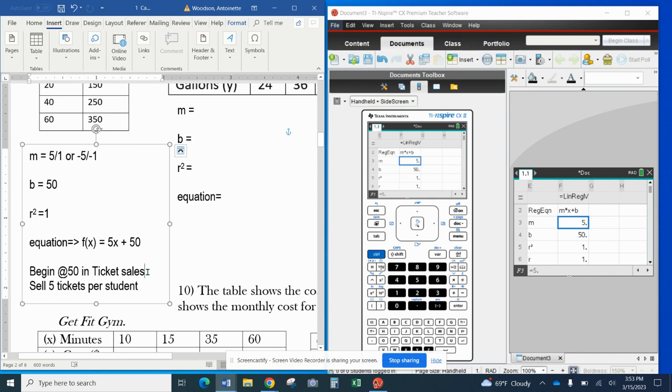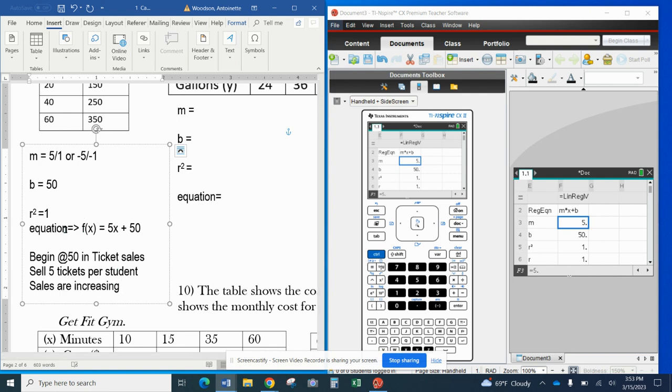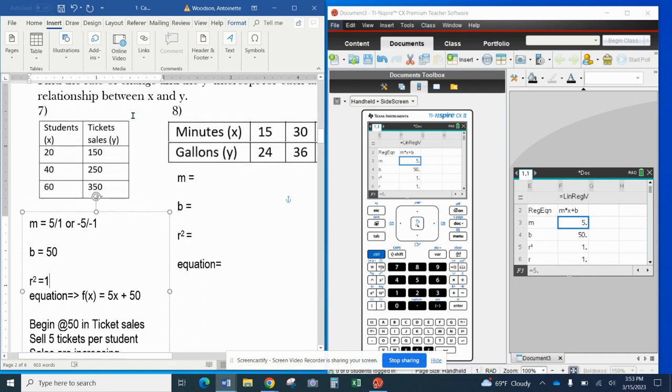So as we're selling them, we're selling 5 tickets per student, and our sales are increasing. And we can tell that the sales are increasing by looking at the chart, the table that we were given initially, going from 150 to 250 to 350.